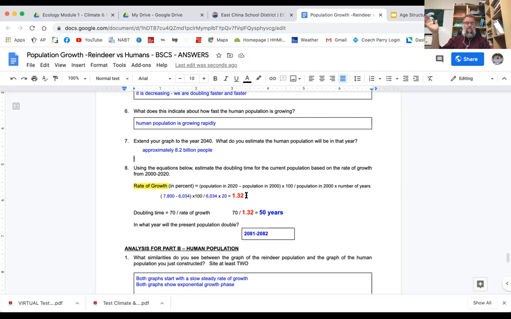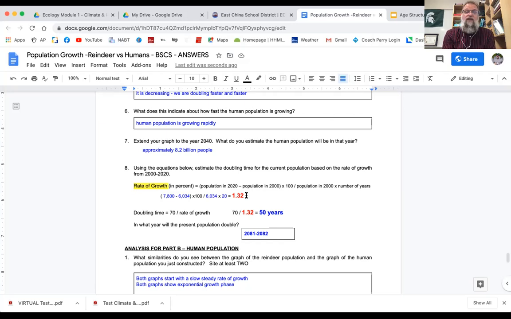And when we were first doing this activity, our growth rate was up around 1.7, 1.8. About 10, 15 years ago, it started dropping to about 1.5. Now we're down to 1.3 because we are slowing our growth rate. But there's so much momentum in the system, we're still producing large numbers of offspring. It takes a while for this all to slow down.